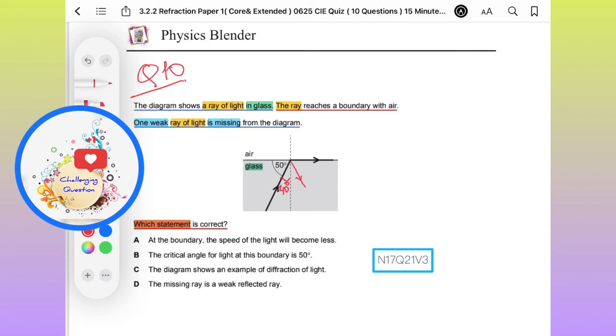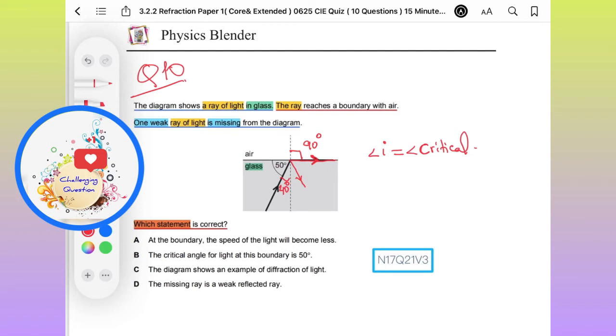We have just a weak reflected ray. The critical angle here is 40. How do you know that the critical angle is 40? Because the ray is refracted at the boundary and the angle of refraction is 90 degrees. So in this case, since angle I is equal to the critical angle, this ray which is missing is the weak reflected ray.